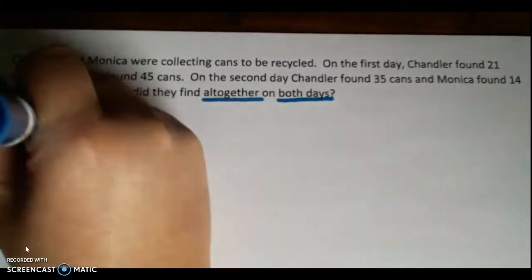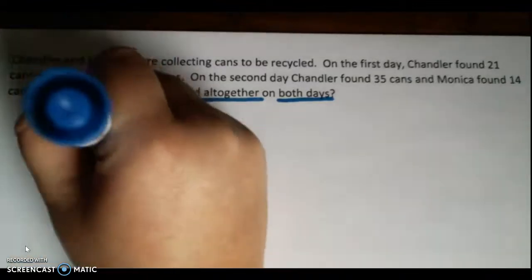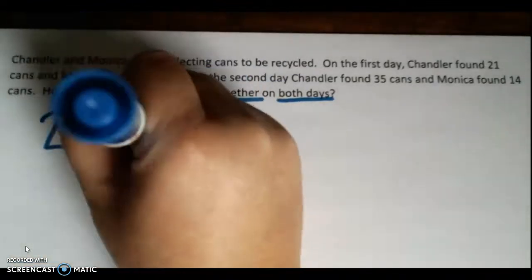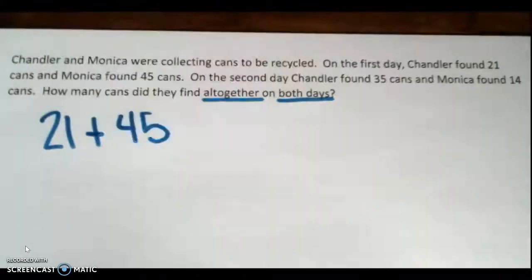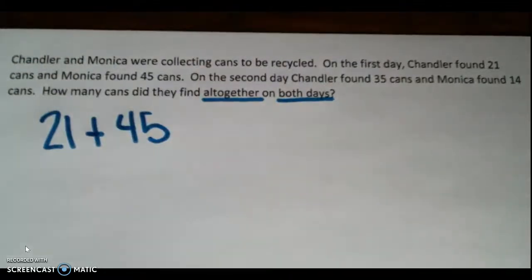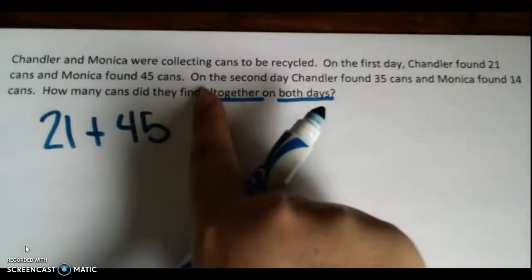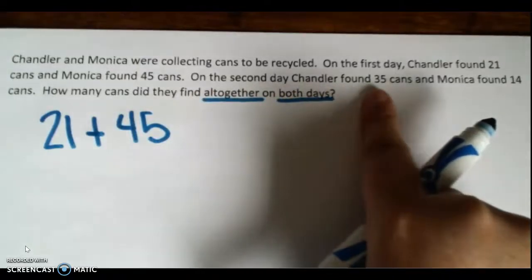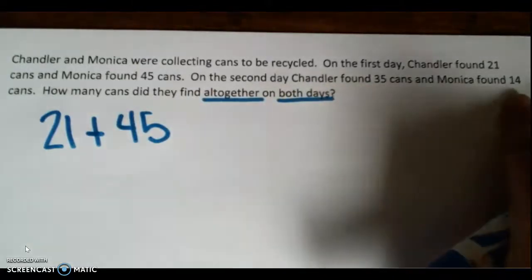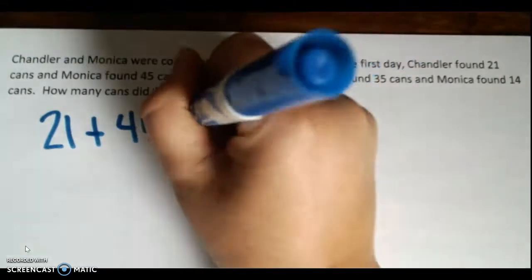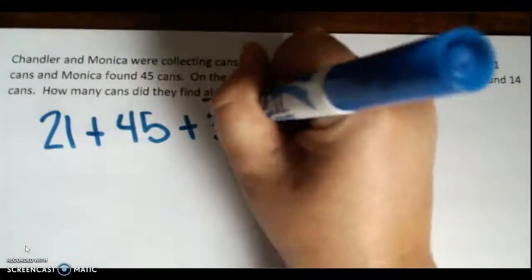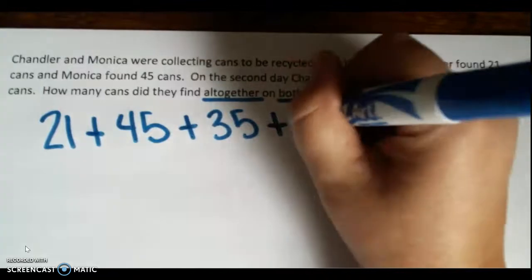So I now know that 21 is going to be added to 45. Now remember, we have to continue to the second day. On the second day, Chandler found 35 cans and Monica found 14. So I will then add 35 and 14 more.